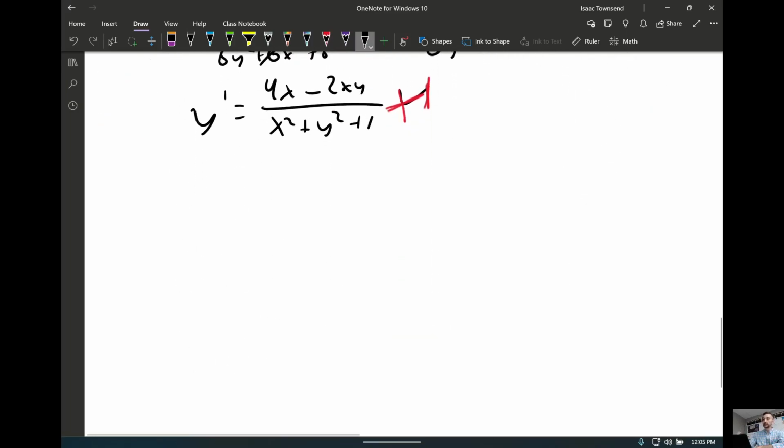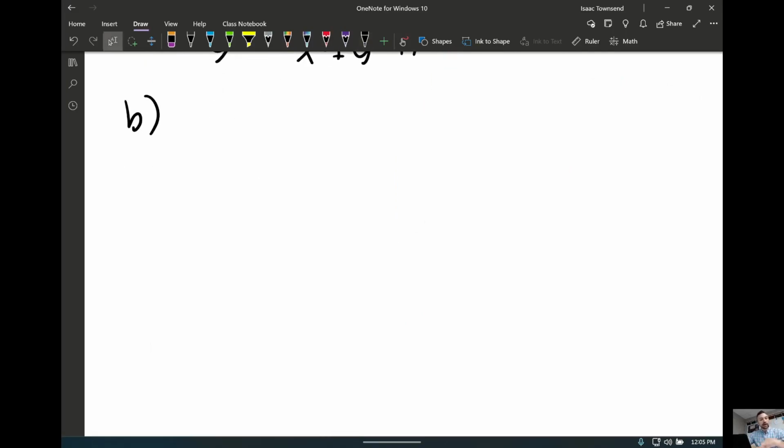But part B says, and again, I'm just going to go quickly, but y'all can just follow along. Write an equation of each horizontal tangent line to the curve. Well, when do you have a horizontal tangent line?